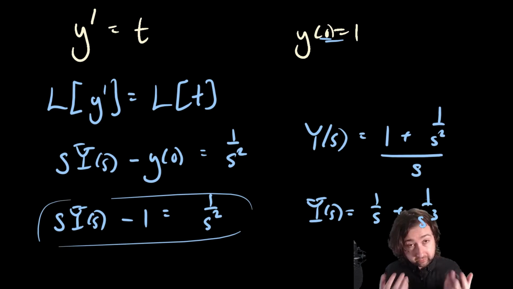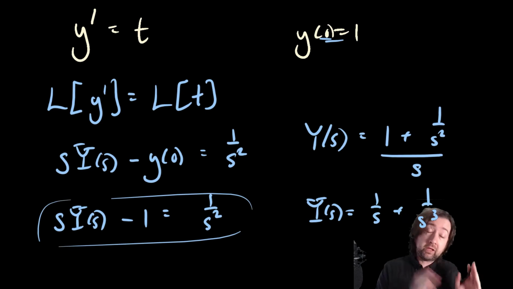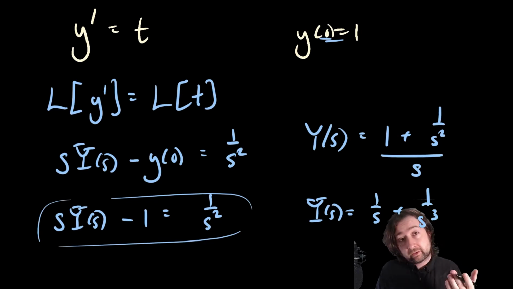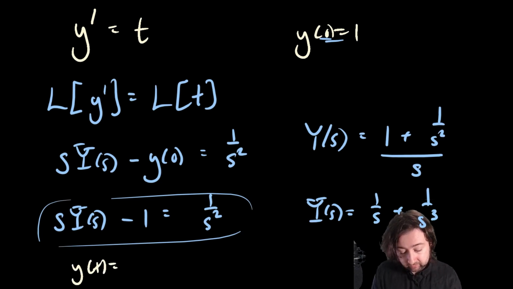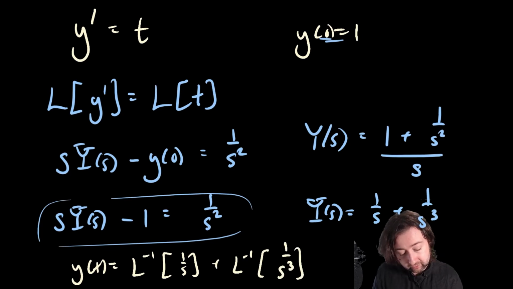So I've solved the differential equation in the Laplace domain. But the goal is to take this function and move it back into the time domain. So I have to take an inverse Laplace transform. y of t will be the inverse Laplace transform of 1 over s plus the inverse Laplace transform of 1 over s to the third.